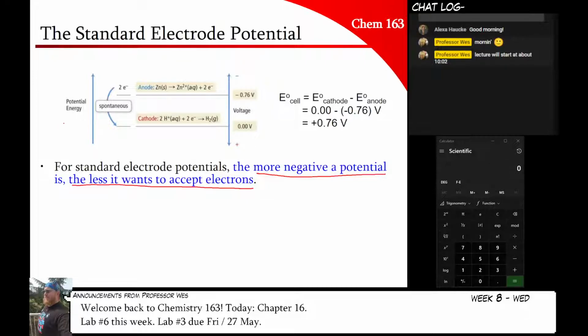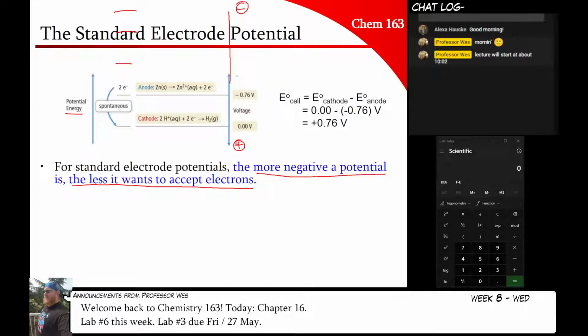What that means is that if we're plotting potential energy on the y-axis here, and putting metals with higher and higher potential, higher and higher up on the scale, if we're measuring voltage, this top end is the most negative, and the bottom end is the most positive.